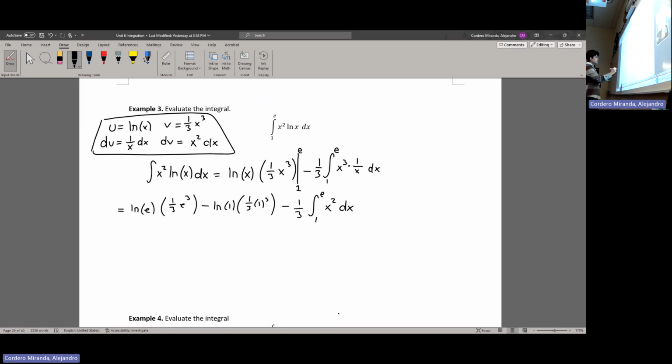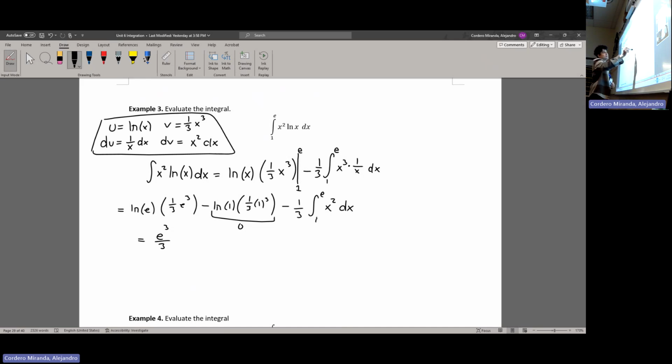So we'll do a couple things at once. Natural log of e is just 1. So this turns into 1 times e cubed over 3, let me just keep it as e cubed over 3. Natural log of 1 is just 0, so times anything is 0. So this whole term right here is 0. So I won't write it down here.